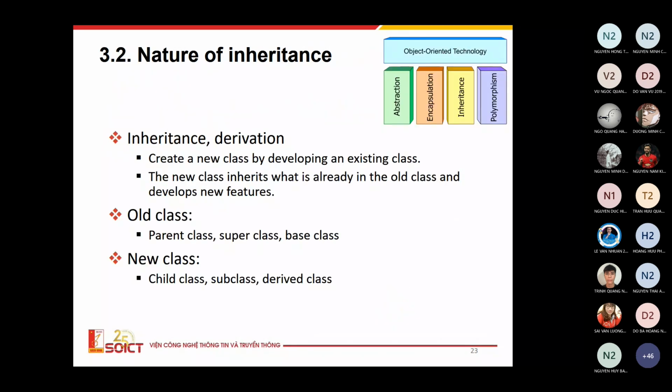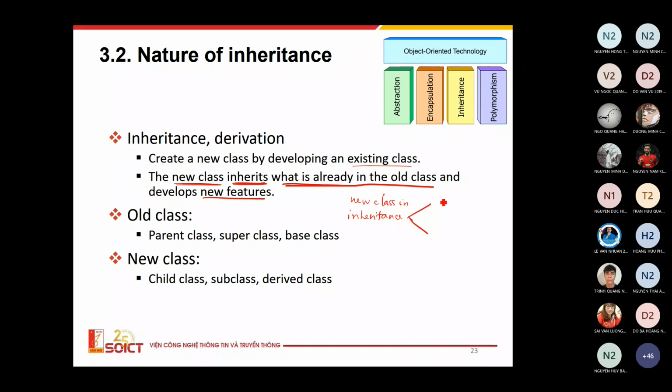So the nature of inheritance is you can create a new class by developing an existing class. And very important, the new class will inherit what is already in the old class. And it can have new features also. So in the inheritance relationship, what do they have?